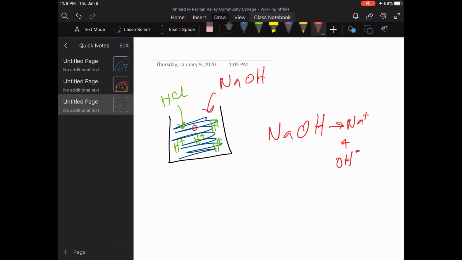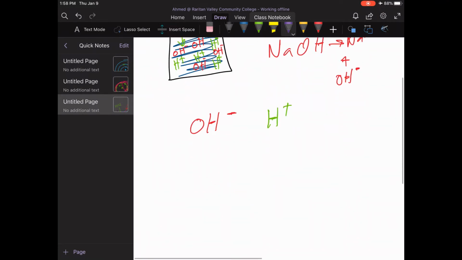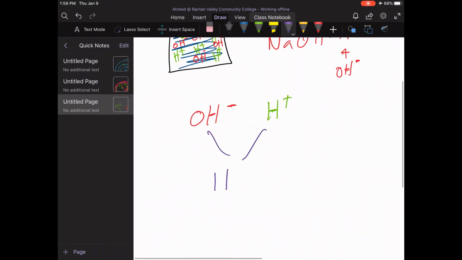This OH will get inside, and basically we will have hydroxyl group negative and hydrogen ion positive, and this would result in H2O, water.